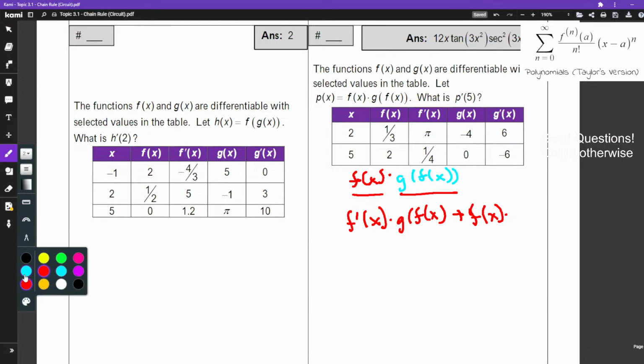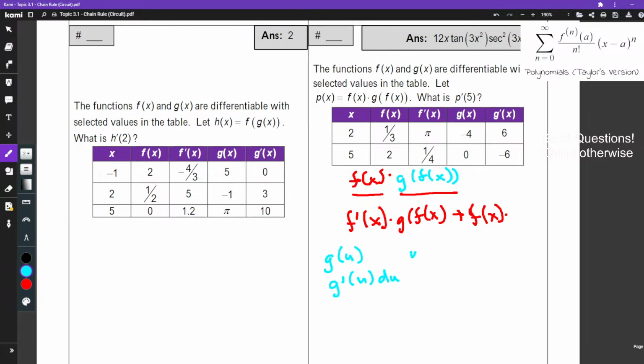So derivative of that one is just going to be g of u, and the derivative of g of u is g prime of u du.